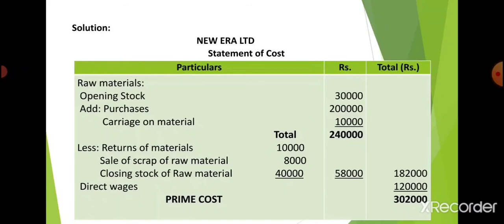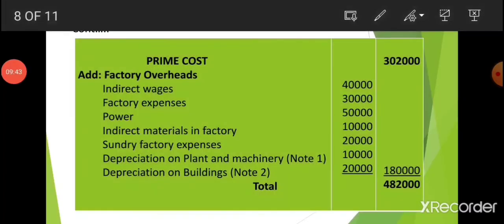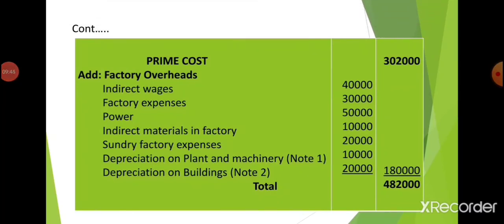There is no information about the direct expenses. So these two, raw material consumed and direct wages, will constitute the prime cost, that is 1,82,000 plus 1,20,000 equal to 3,02,000. Next we will continue. Prime cost we got 3,02,000.